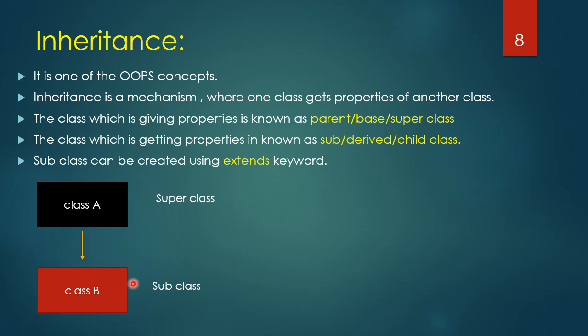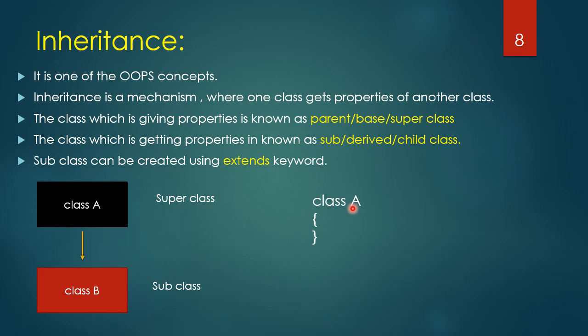Let us see how we create a subclass in a program. This is class A, and in this class A, depending on the requirement, any number of variables and methods can be declared.